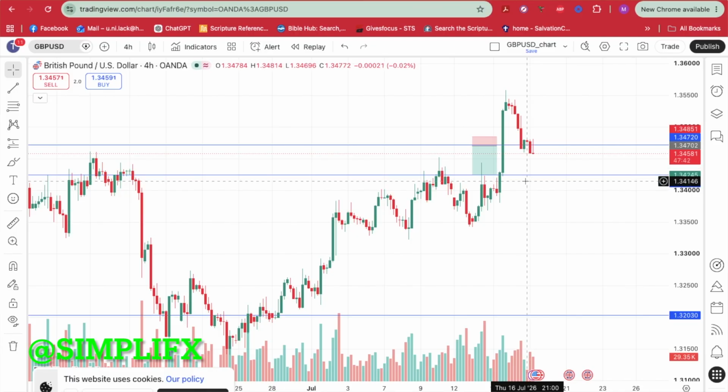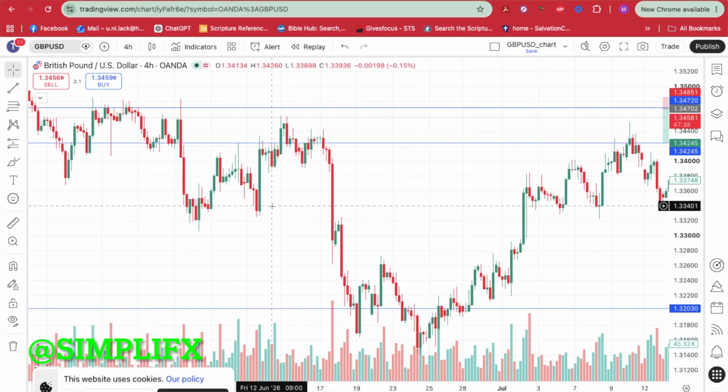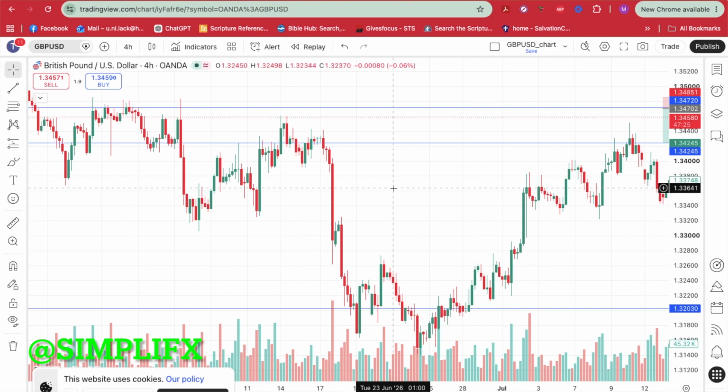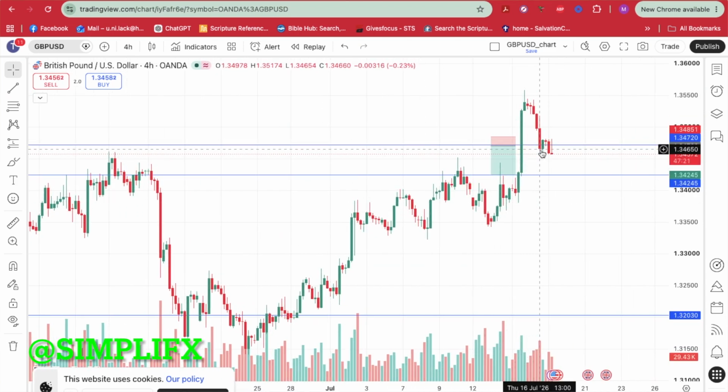I also try to look at previous support and resistance, because this also impacts the trend in a way. For instance here, there's a strong resistance line. If there's a retest around here, typically based on past events, there's a high probability that it's going to keep going down. So I decided to capitalize on that.